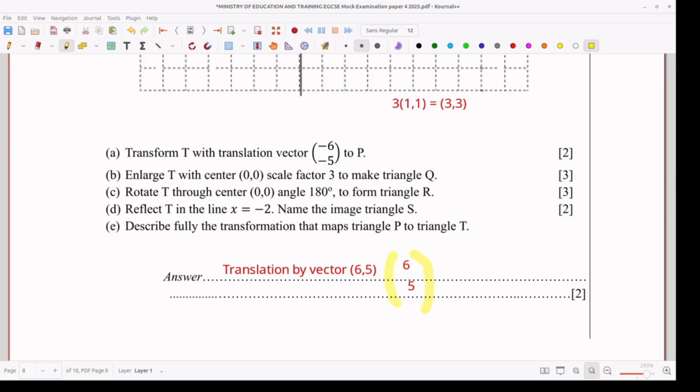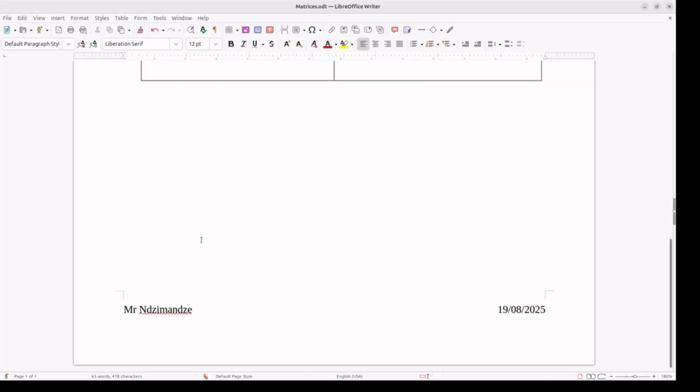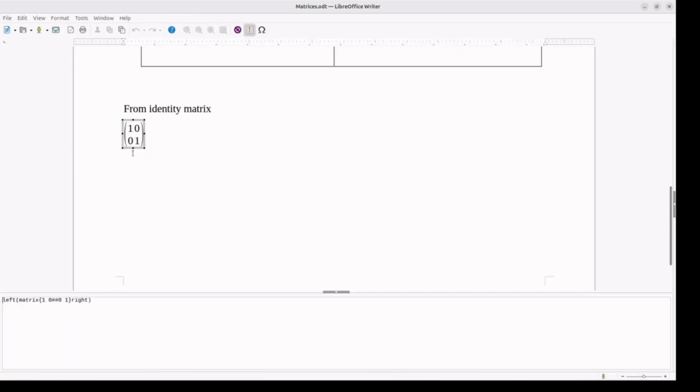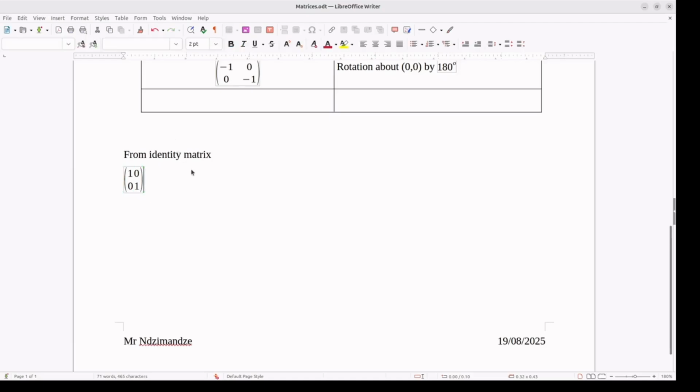We start from the identity matrix. What's the identity matrix? It's 1, 0, then 0, 1. And that's the identity matrix.